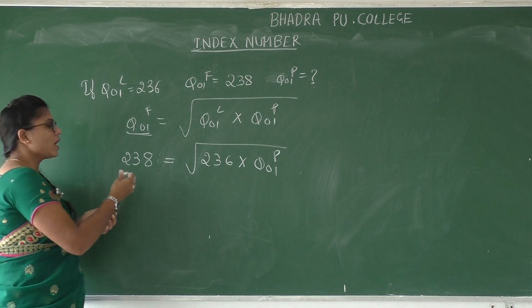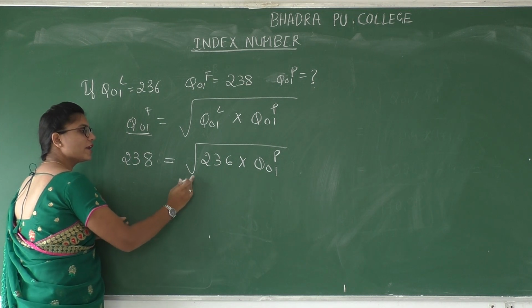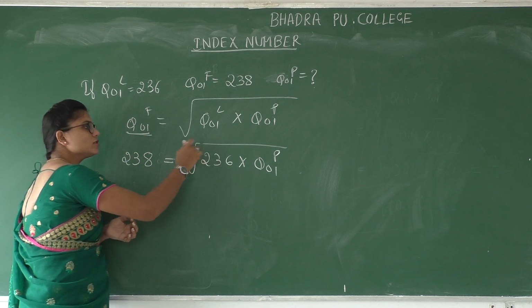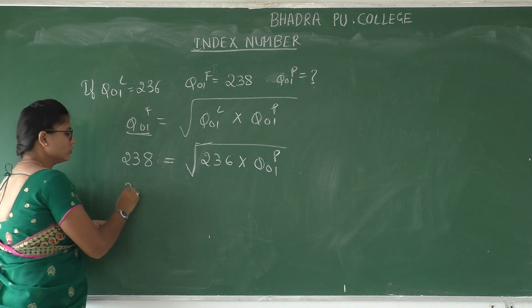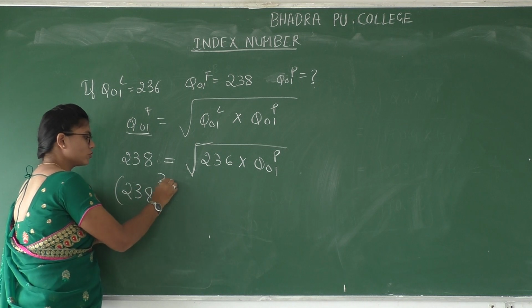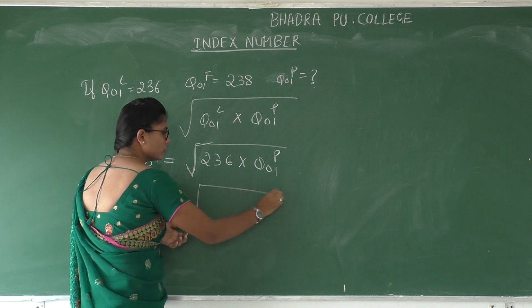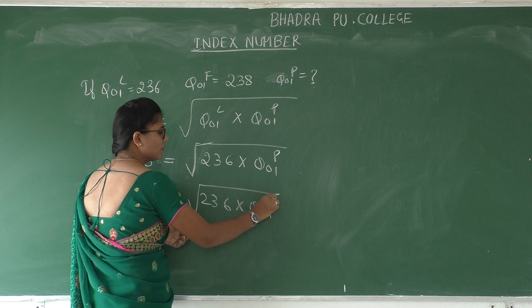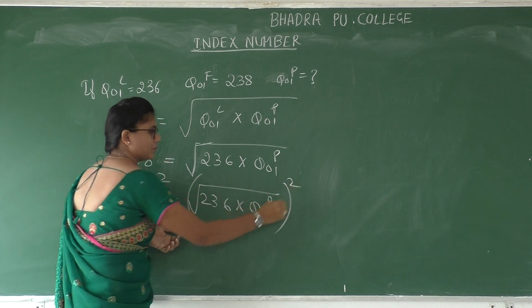So we do square on both sides, then we can take out this square root. 238 squared is equal to the square root of 236 into Q01P, squared.